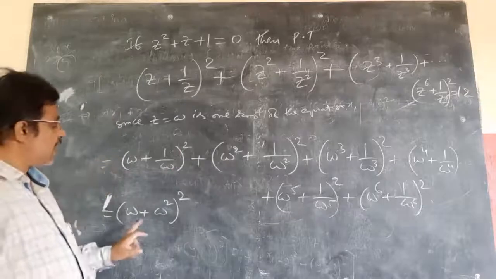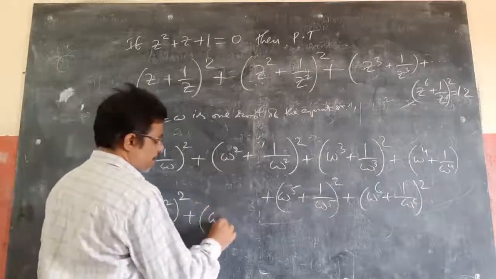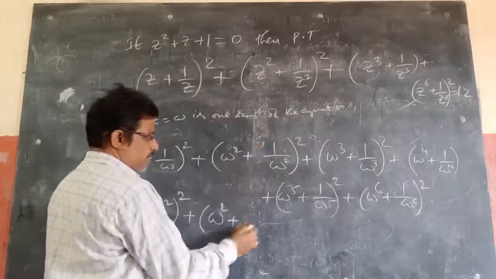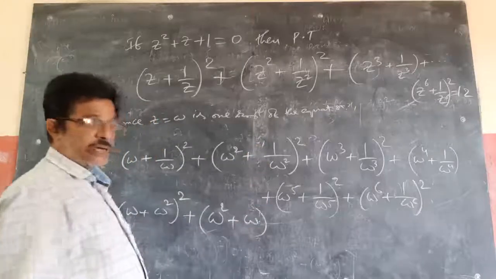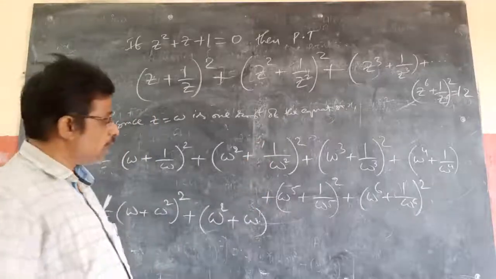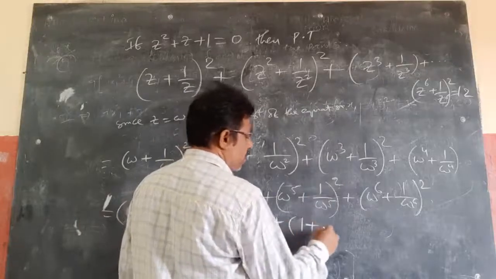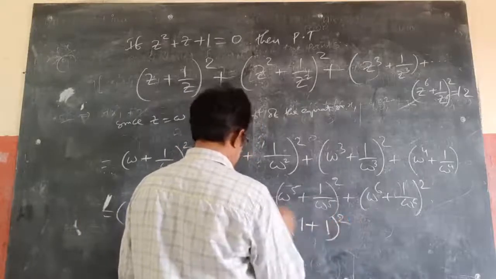Now (omega plus omega square) whole square I can write as (omega square plus 1 by omega square), and just now we discussed that 1 by omega square is omega. Multiplying numerator and denominator by omega, omega by omega cube is 1, so it becomes omega plus omega square. Omega cube is 1, so 1 by omega cube is also 1, whole square.